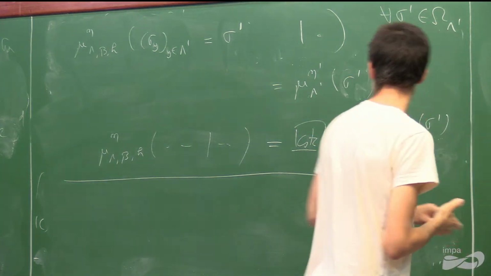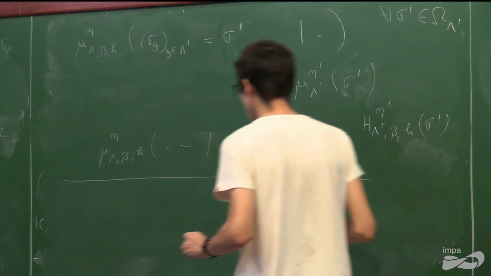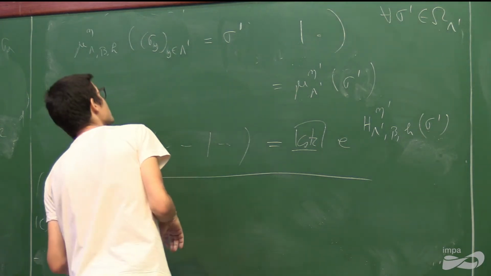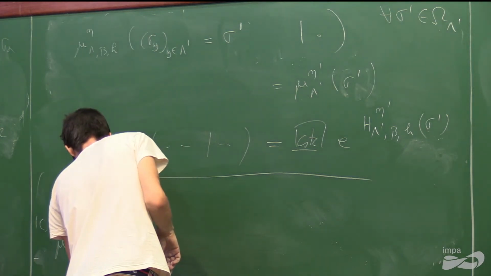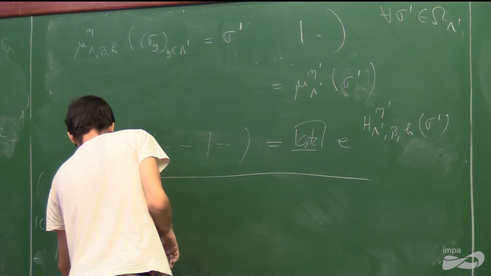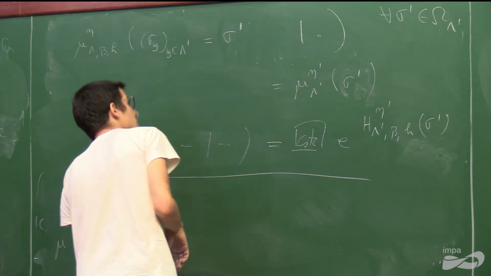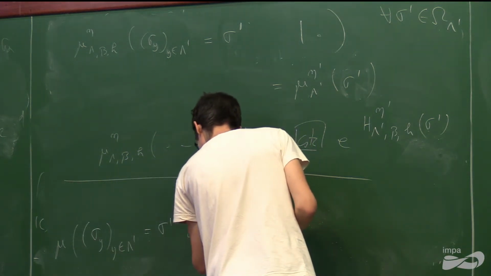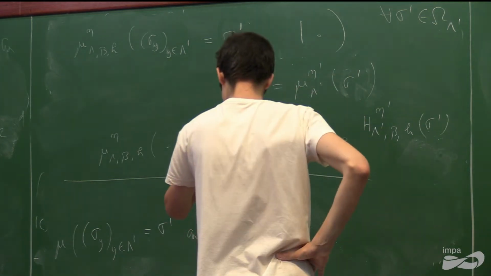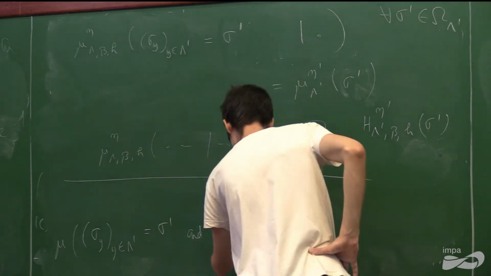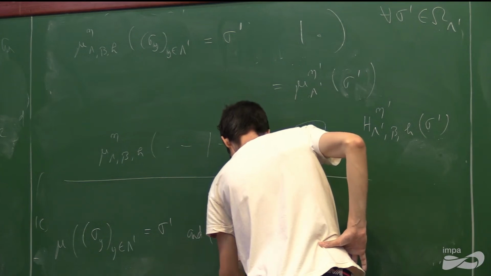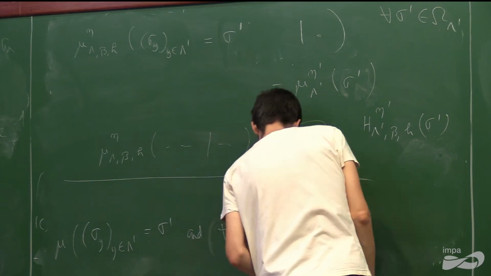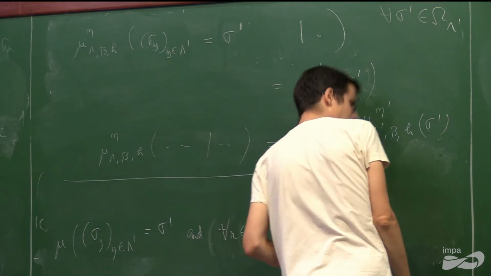So I will worry about mu of sigma y in lambda prime equal to sigma prime, and sigma x equal to eta prime x for all x in lambda minus lambda prime.